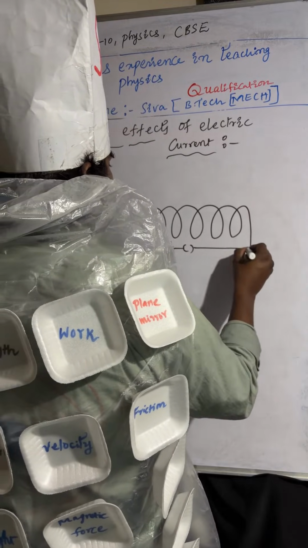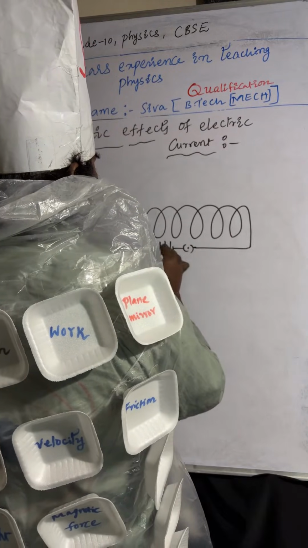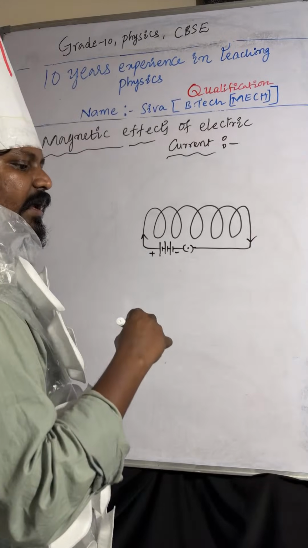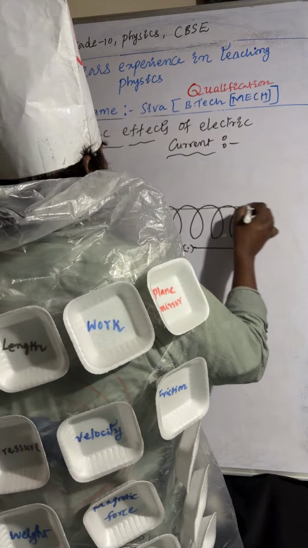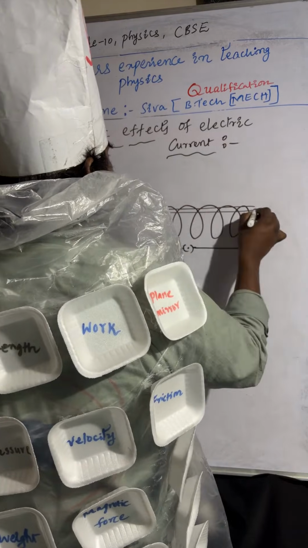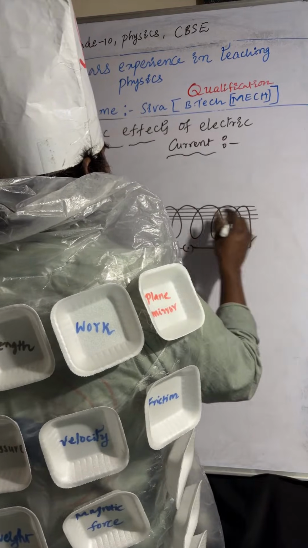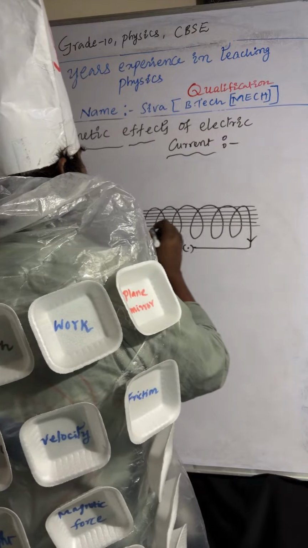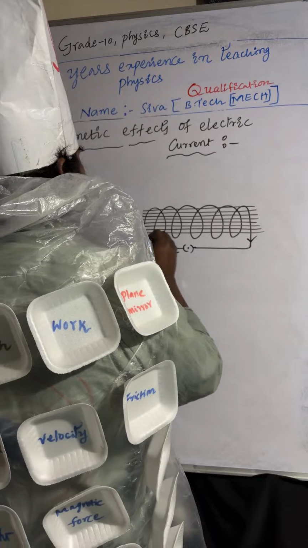So here, positive terminal, negative terminal, current is passing. Then you can observe here turns 1, 2, 3, 4, 5, 6, 7, 8, 9.